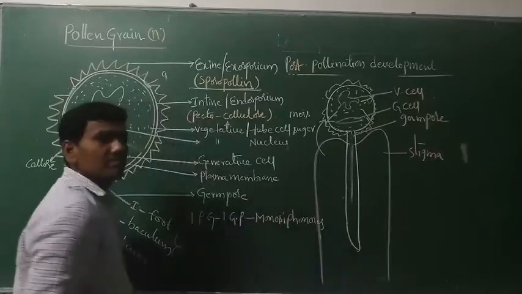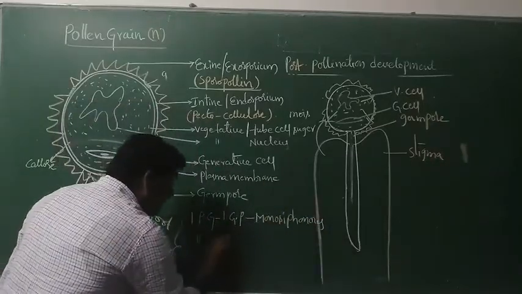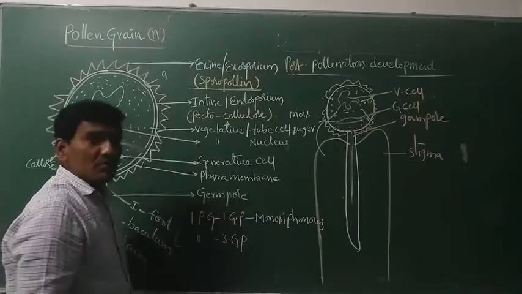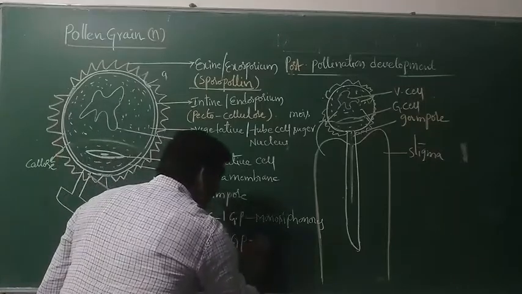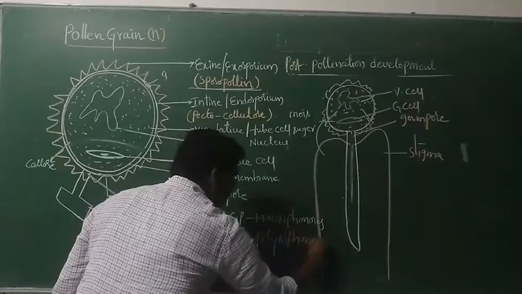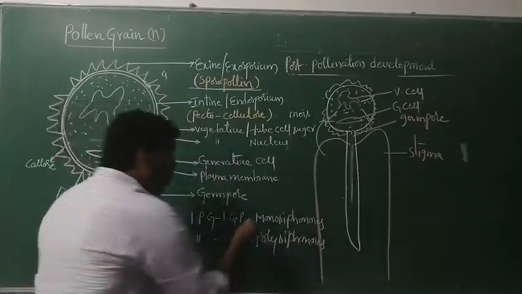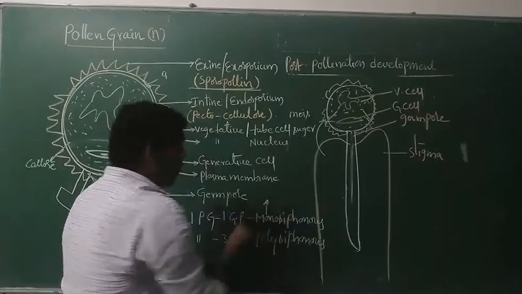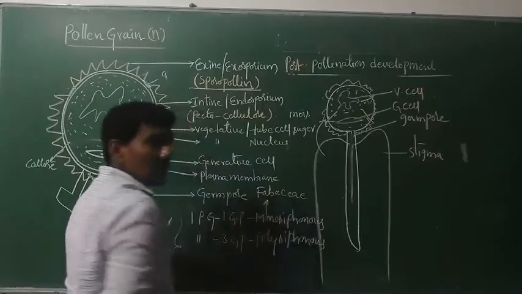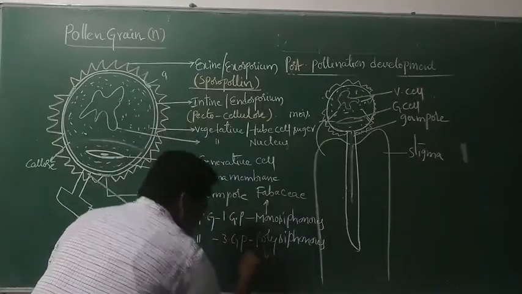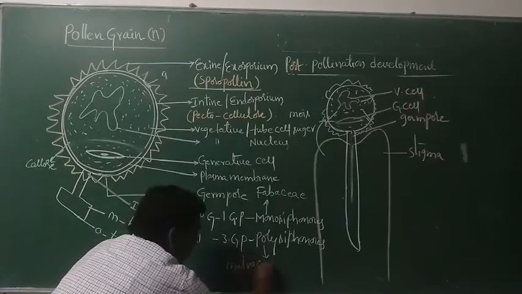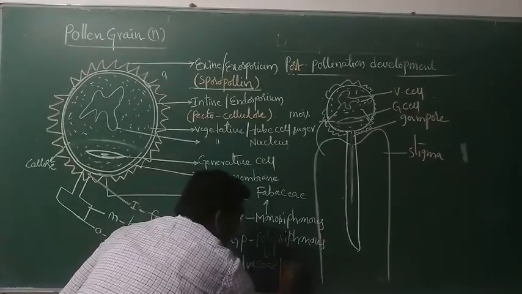When the pollen grain develops more than one germpore, that condition is called the polysiphonous condition. Monosiphonous conditions are mostly seen in the Fabaceae group of plants. Polysiphonous conditions are mostly seen in the Malvaceae and Cucurbitaceae groups.